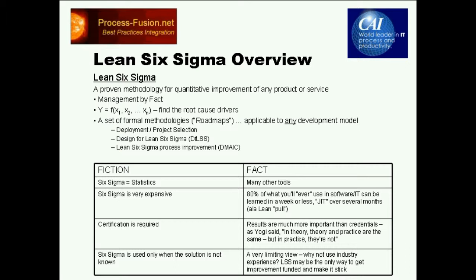The methodologies that are part of Six Sigma include a method for deploying Six Sigma and for selecting projects that will be the target or the focus of Six Sigma activity. There's also, as I mentioned a few minutes ago, a design for Lean Six Sigma roadmap. Very frequently, one of the more commonly referred to is called DMADV, D-M-A-D-V. There are several others. We're not going to go into that much today.